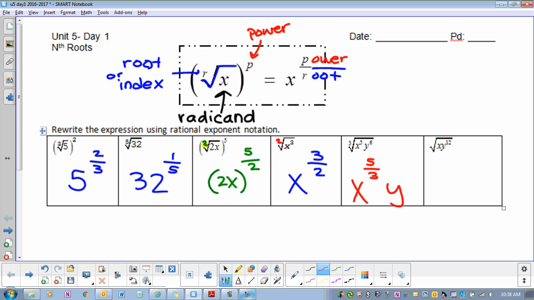How about the y? What's the power on the y? Okay, what's the root? 3. Oh, you know what? Anytime that you have fractions that can be simplified, you must. So this really turns into x to the 5/3 y what? What's 6 over 3? 2. We always simplify fractions.